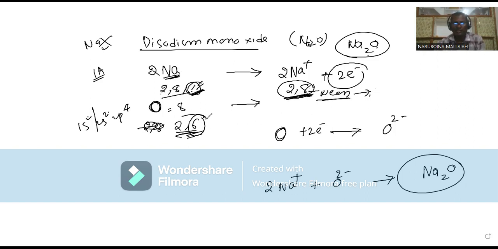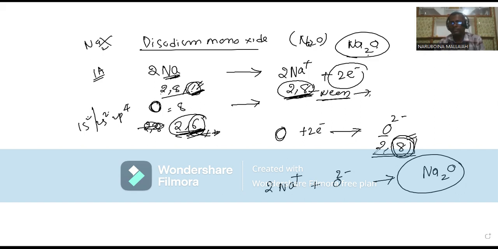Here also see, oxygen, in its outermost orbit, has 6 valence electrons. After taking 2 more electrons from sodium atoms, here we write 2, 8. 6 plus 2, 2 electrons are added. So 2, 8. In its outermost orbit, now it is having 8 electrons.